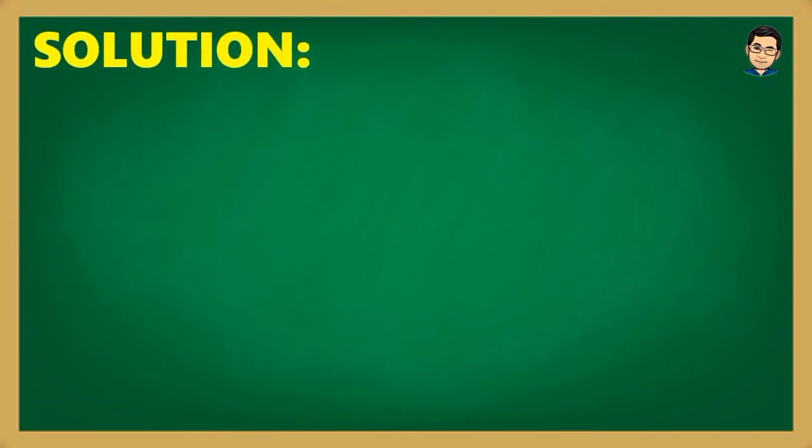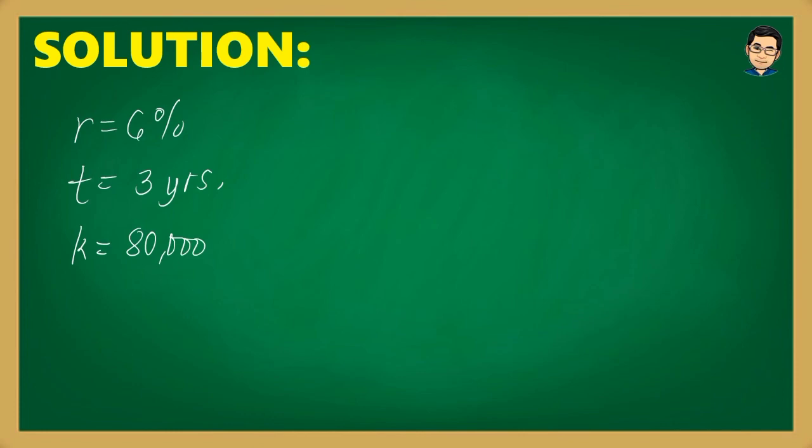So, yung next na kailangan natin kunin is yung loan interest. Kung yung rate niya is 6%, and then yung time niya is 3 years. So, yung K natin kanina, yung constant of variation natin is 80,000. Then, sulat lang natin, I is equal to KRT.